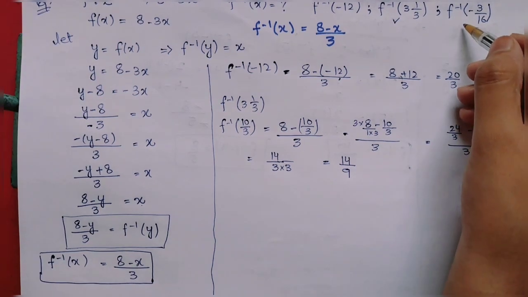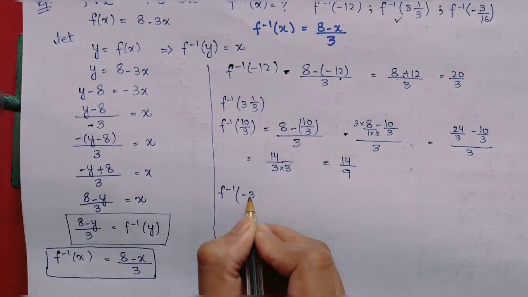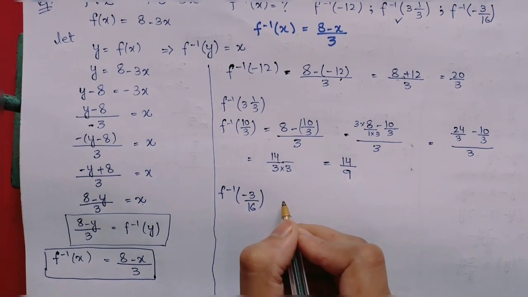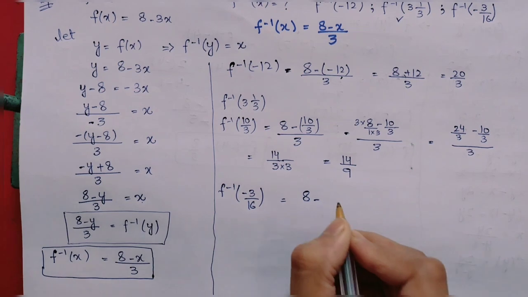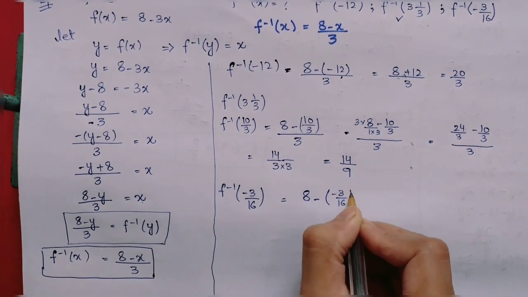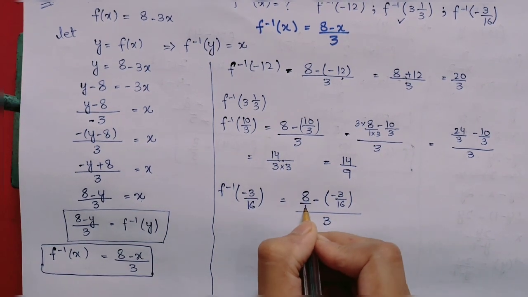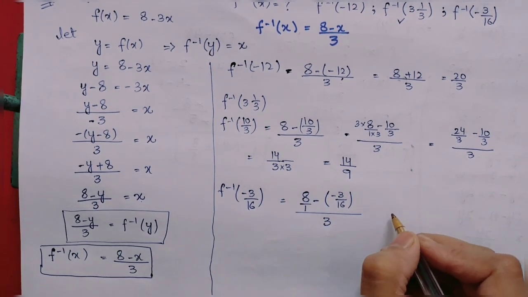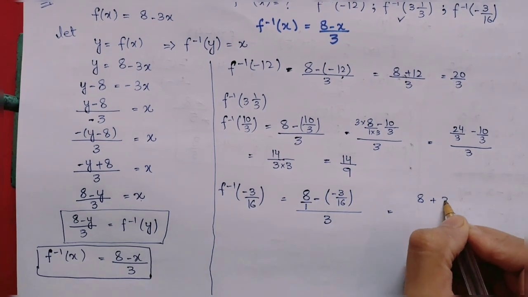Now the third one you have to find is f inverse of minus 3 over 16. What you have to do is, again put in place of x this minus 3 over 16. Place the value which you have to find out. Over 3, in the denominator of 8 there is 1. Again make the denominator the same. 8 minus minus, plus 3 over 16.